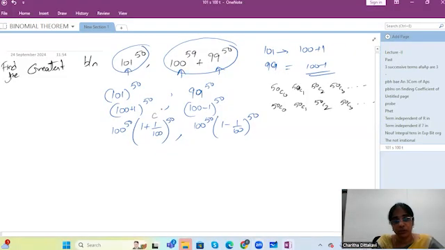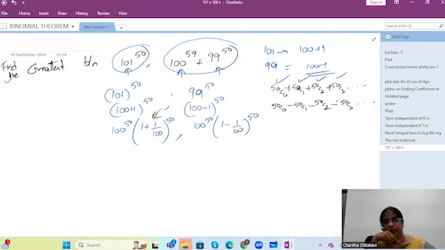In the first expansion, considering only the numerical coefficients, 50C0, 50C1, 50C2, 50C3, and all of them are in addition. Now for the other one, 1 minus 1 by 100 whole to the power 50: 50C0, 50C1, 50C2, but they are all in subtraction. Clear? Right. So now what do I need here? Do I have to add them or subtract them? Think about it carefully and tell me now.